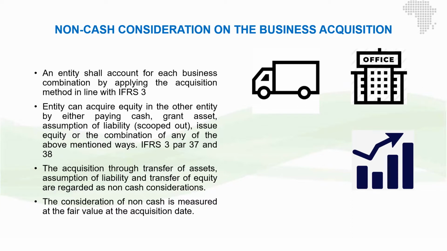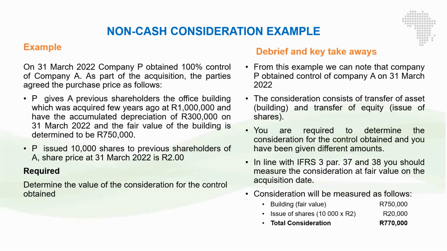IFRS 3 says when that non-cash transaction has been made, it shall be accounted for at fair value on the acquisition date. Now let's look at the example for non-cash consideration. On the 31st of March 2022, Company P obtained 100% control of Company A. As part of the acquisition, the parties agreed the purchase price to be as follows.